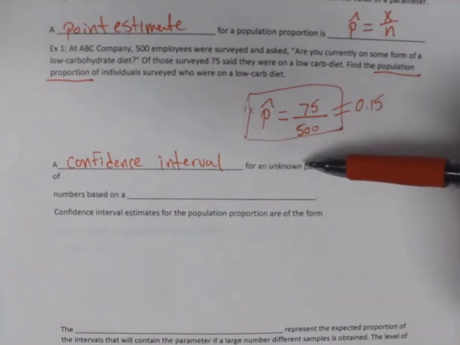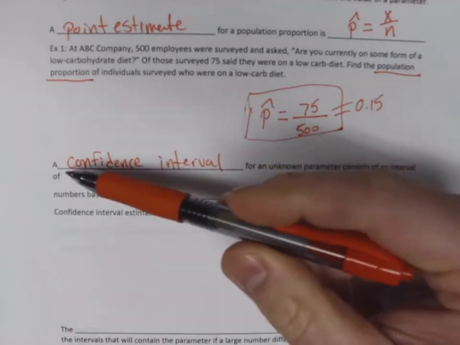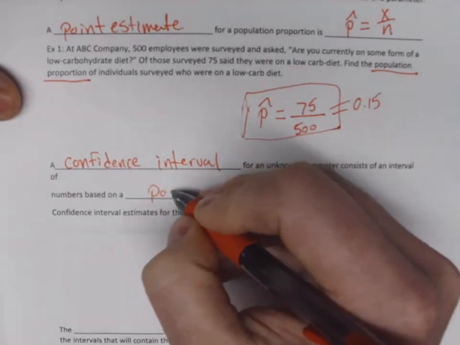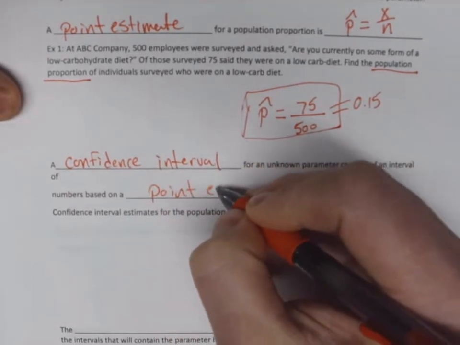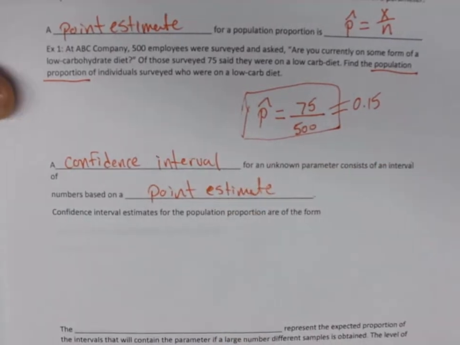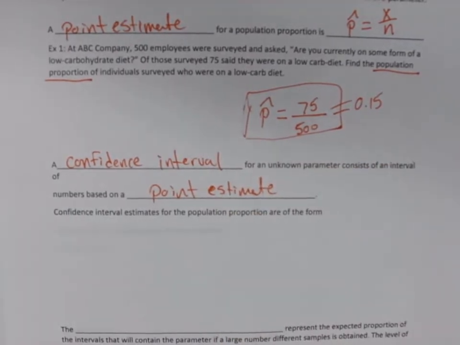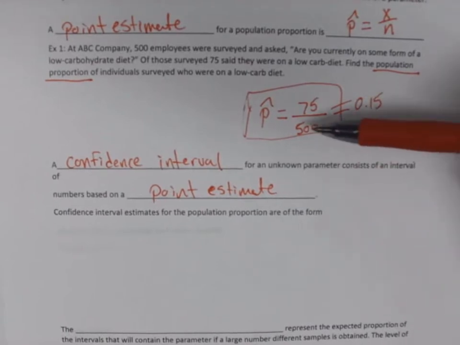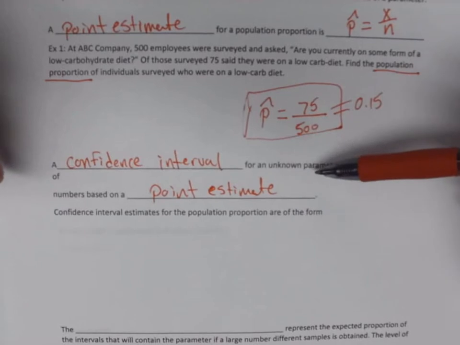A confidence interval for an unknown parameter consists of an interval of numbers based on a point estimate, what we just found. So what this is telling us is we're using a point estimate, and with this point estimate that we found, we can now create a confidence interval.